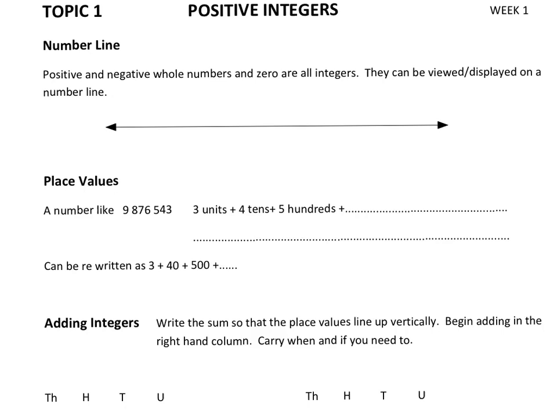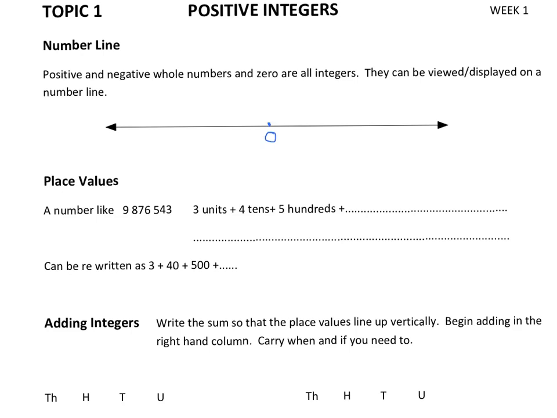Well, what is an integer? An integer is any positive or negative whole number. It includes 0 and it can be viewed or displayed on a number line. I've got a number line here for you, and in the middle of the number line I have 0. 0 is an integer.